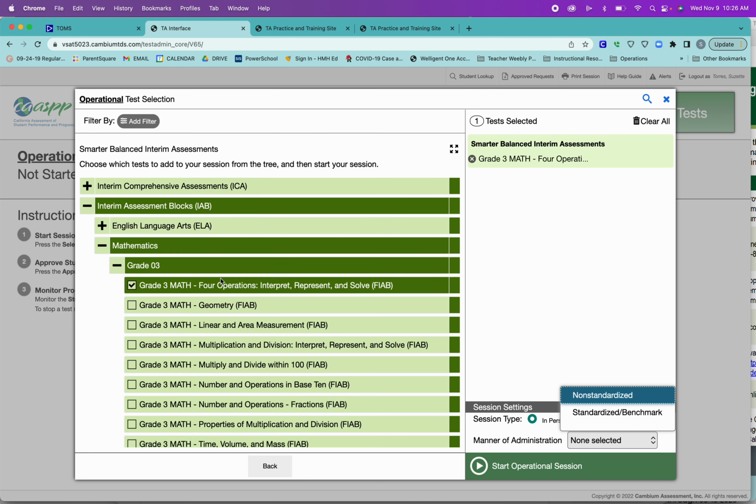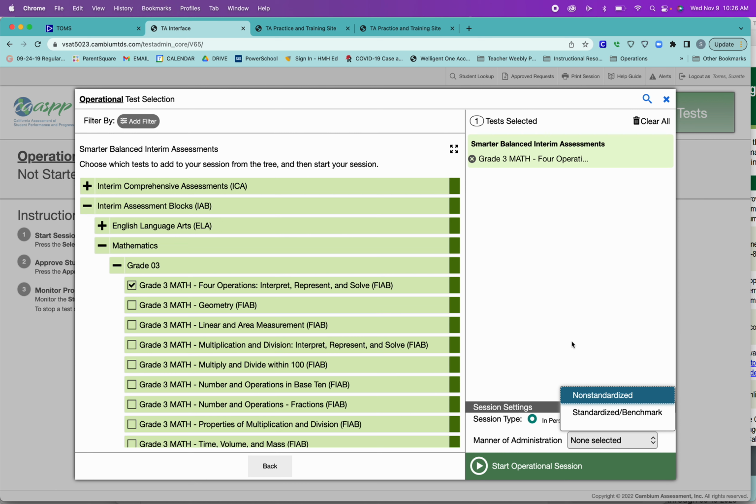So once you select the IAB that you want to give, you would give it as a non-standardized IAB. In this manner, you could allow the students to work in pairs, to work in groups, to reinforce that collaborative learning, or you can do it as a small group instruction where you are working with them, helping them solve the problems so that they are getting practice in the problems and in the platform as well.